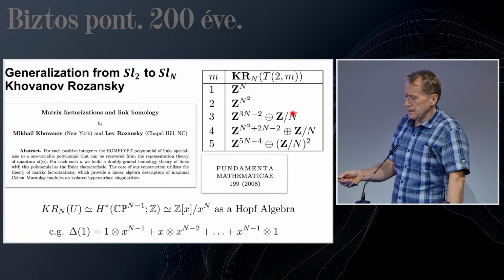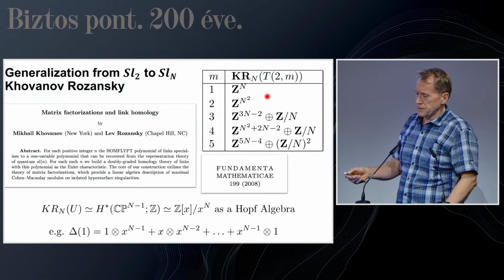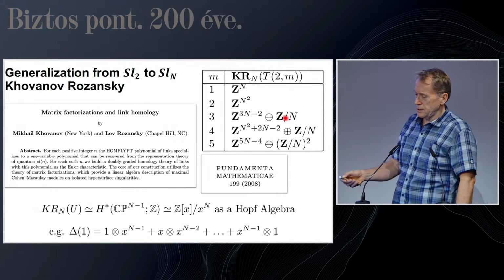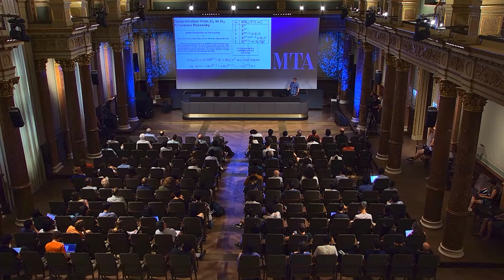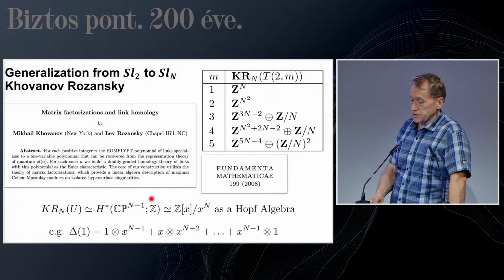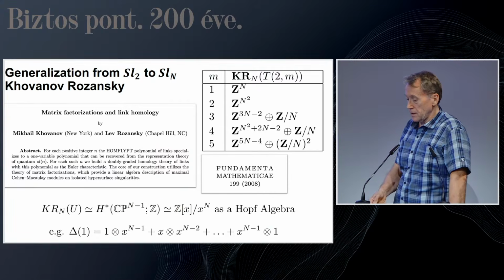One of the interesting features of Khovanov-Rozansky homology is this kind of torsion, which you'd like to have a geometric explanation for. It's also controlled by a Hopf algebra. The Hopf algebra is the cohomology of, in this case, for sl_n, CP^(n-1).